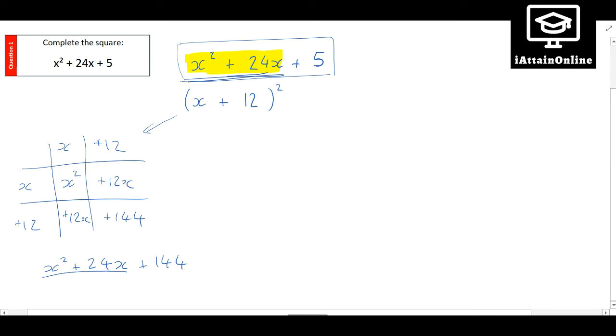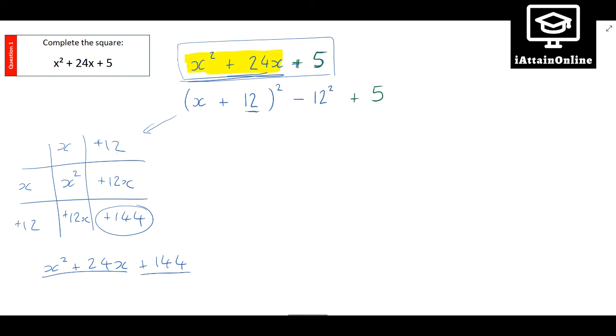What we didn't want is this plus 144 bit, which came from positive 12 multiplied by positive 12. So what we then need to do is take away 12 squared, and this bit here will always be the same as that bit there, but we're taking it away. And then this plus 5 bit, we need to put that on the end as well.